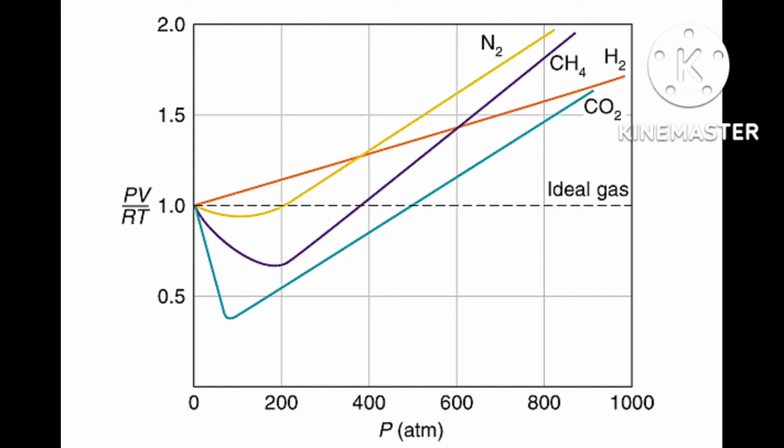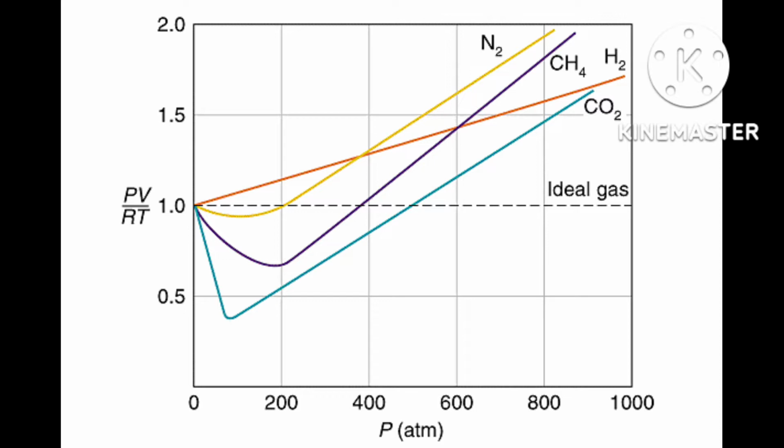The ratio of these two, PV divided by nRT, is called Z. For an ideal gas, Z is equal to 1 at all temperature and pressure, because PV is equal to nRT. The graph of Z versus P will be a straight line parallel to the pressure axis, with pressure on the x-axis.